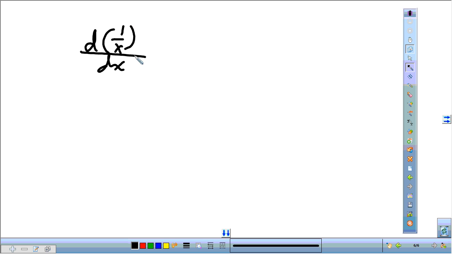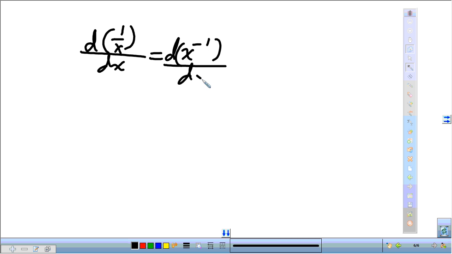So the derivative of 1 over x, to use the rule, we need just x with an exponent, but that's possible because that's equivalent to x with a negative 1 exponent. And then we can apply the rule, minus 1 x, and subtract 1, minus 2. Of course, if we want to put it back into the original fractional form, that's 1 over x squared.